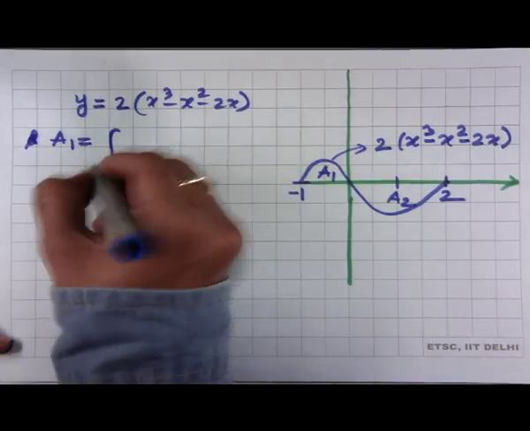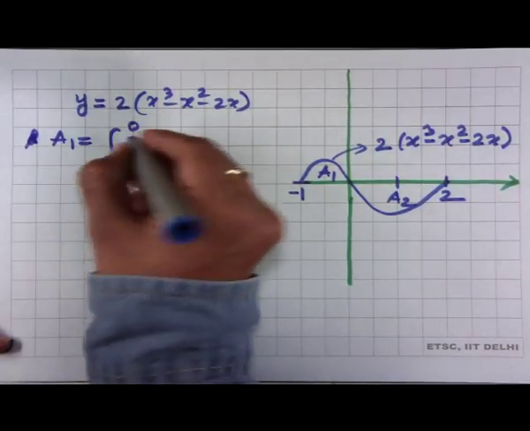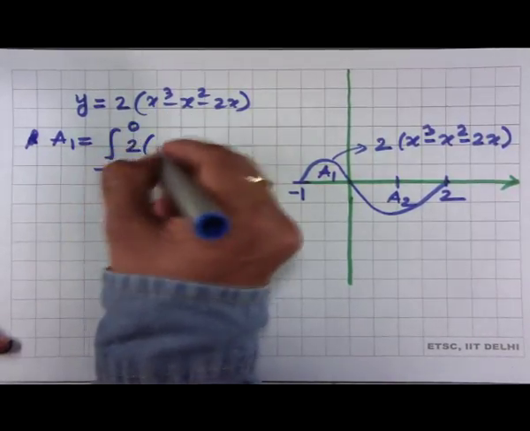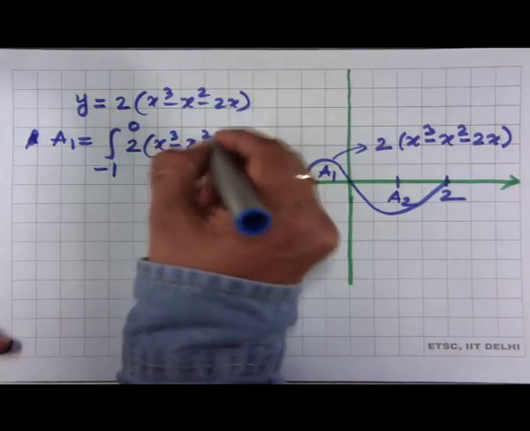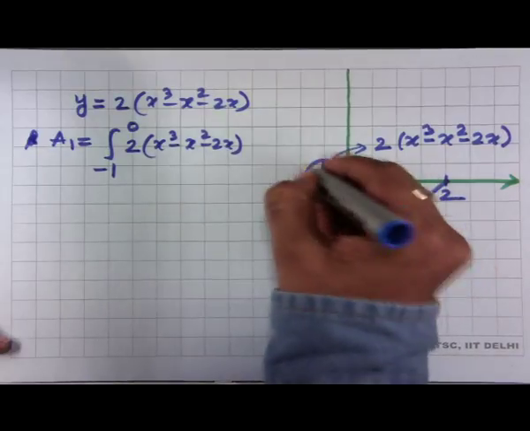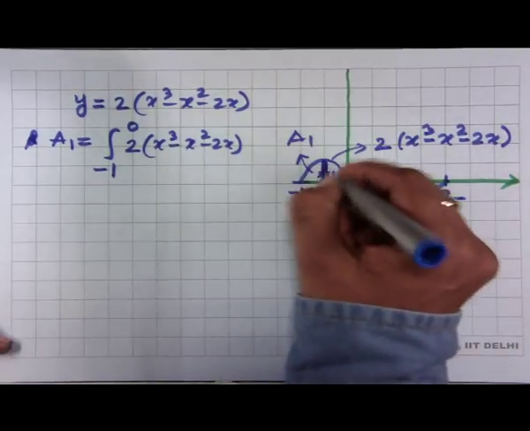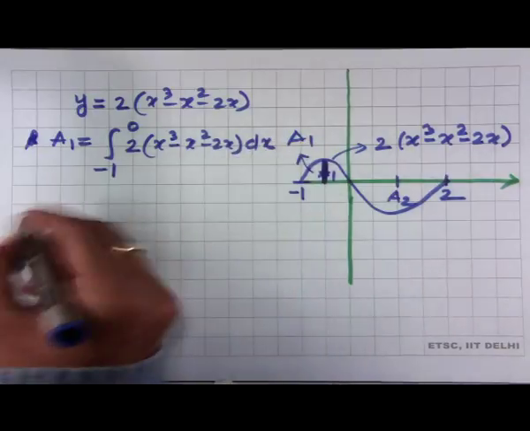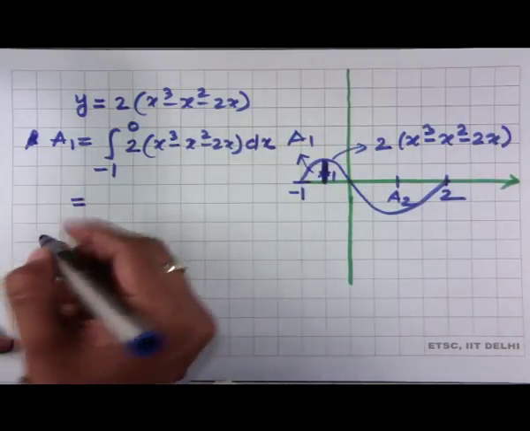A1 is the integral from minus 1 to 0 of 2x cube minus x square minus 2x. The elementary area will be this into dx, and we integrate it.